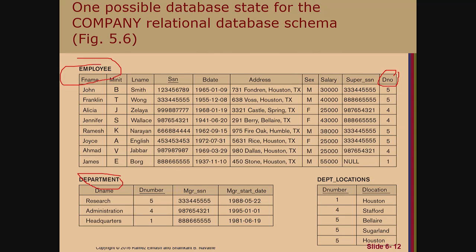Here is the department table, and here is the research name, and you reference that number 5. It references how many people? 1, 2, 3, 4. Right? 4 employees belong to the research department.